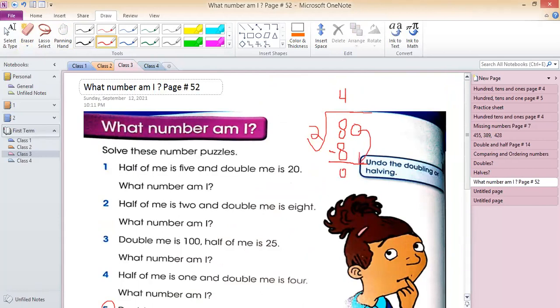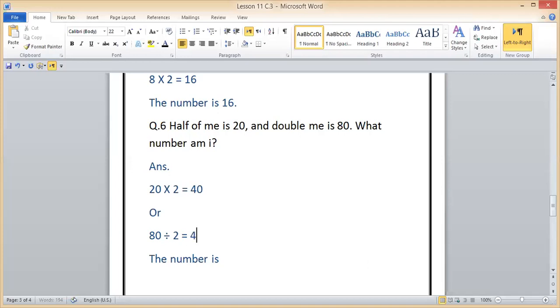This 0 will go down. 2 multiplied by what will give you 0? 2 multiplied by 0 will give you 0. 40 is the answer. 80 divided by 2 is also 40. That means the number is 40.